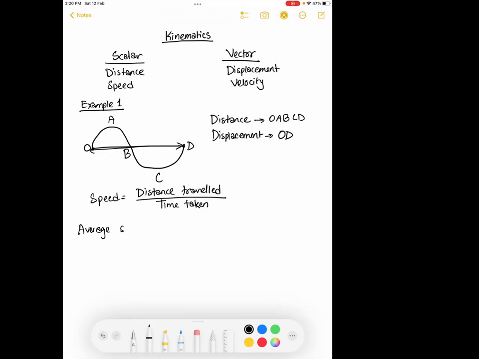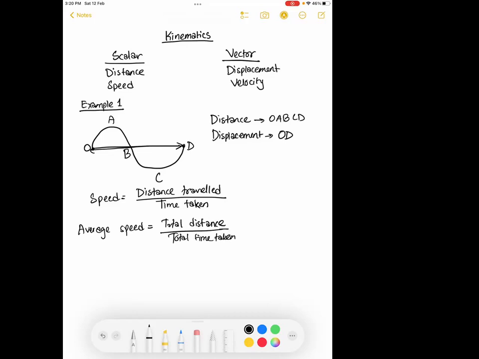What is the average speed? It's the total distance by the total time taken. Exactly. So the total distance divided by the total time taken.